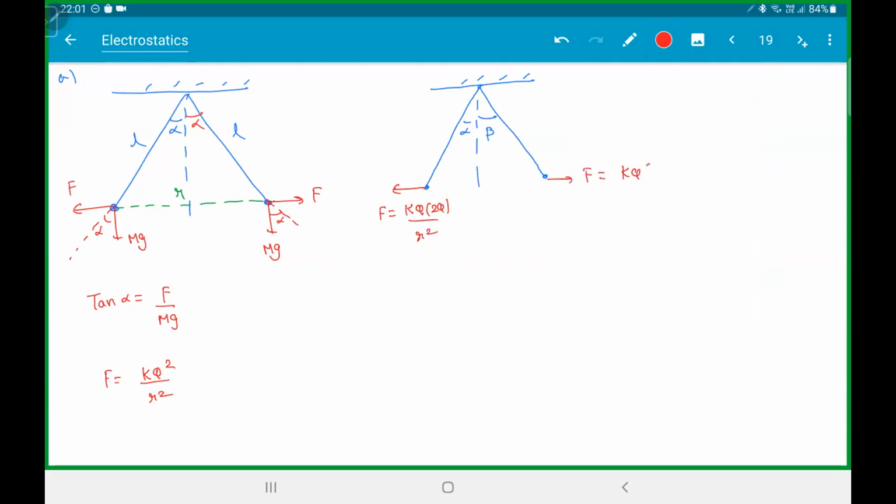So it doesn't matter how much charge you have. You can have one charge 1 and one charge 1000. The answer will remain the same. And this is mg. This is beta, and that will be alpha. Same answer you get. So tan alpha is equal to F by mg. The value of F has changed here.